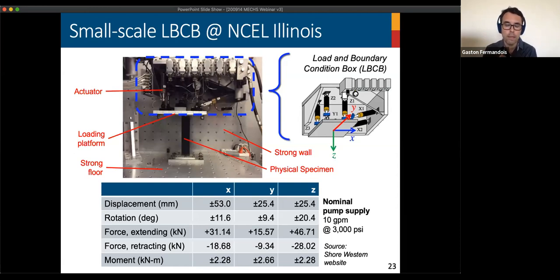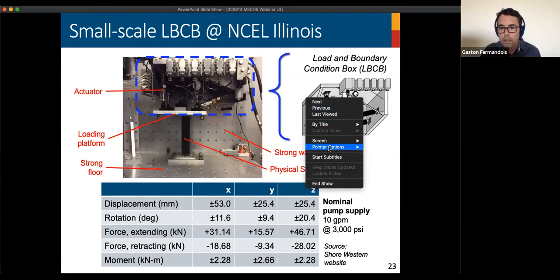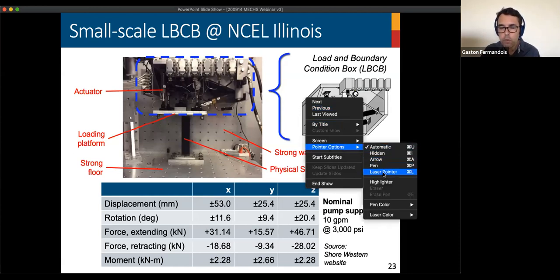The nominal parameters of this LBCV are shown in this table, and overall, the displacements in the X direction is, let me choose a pointer. I'm going to use this laser pointer.